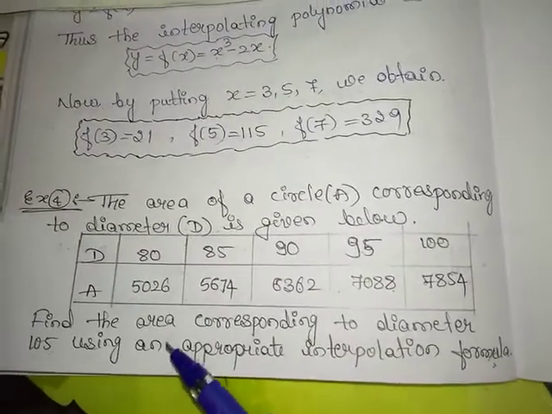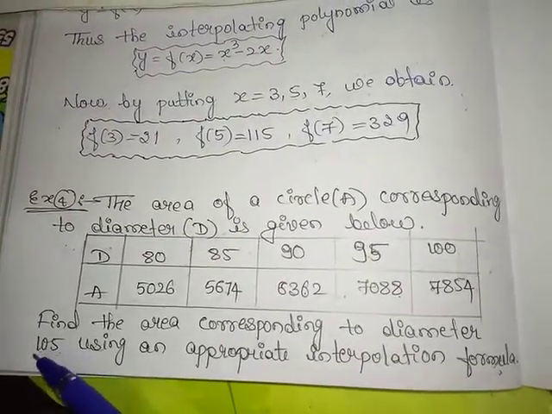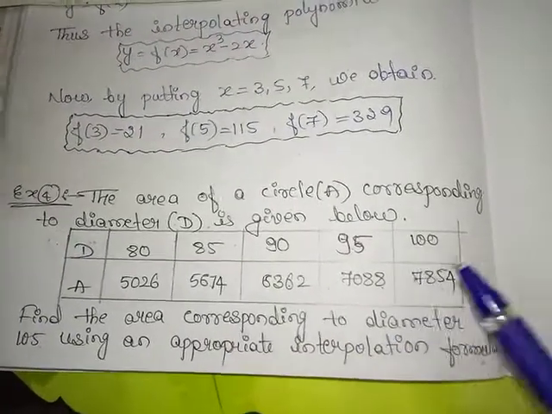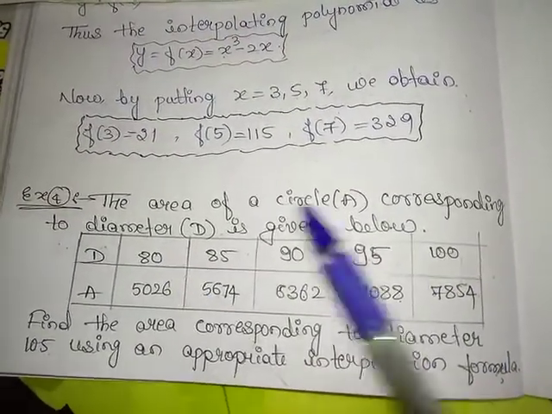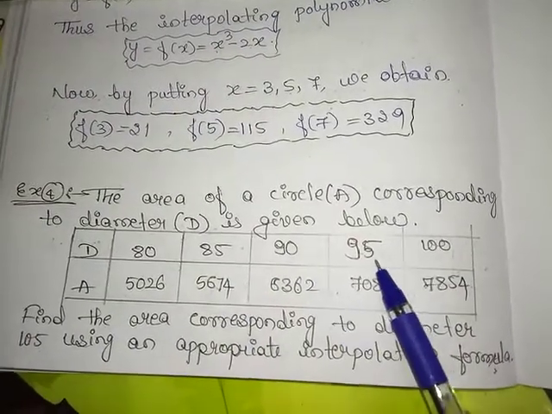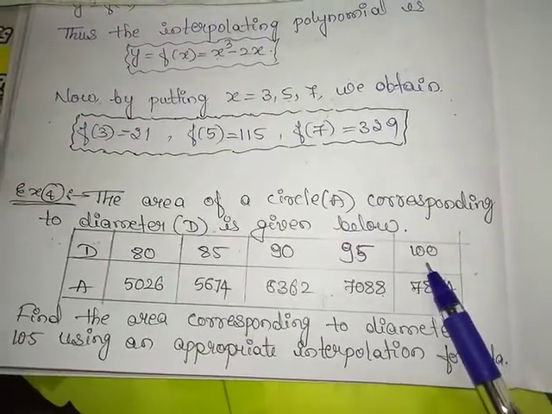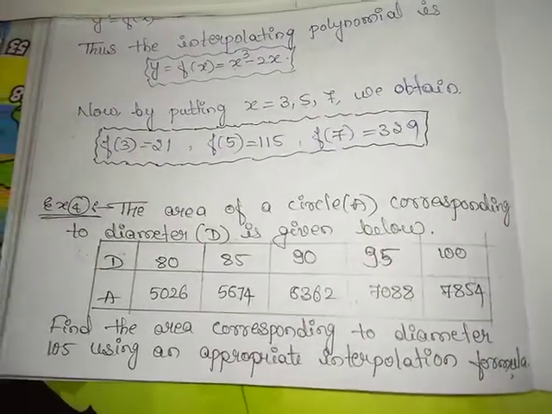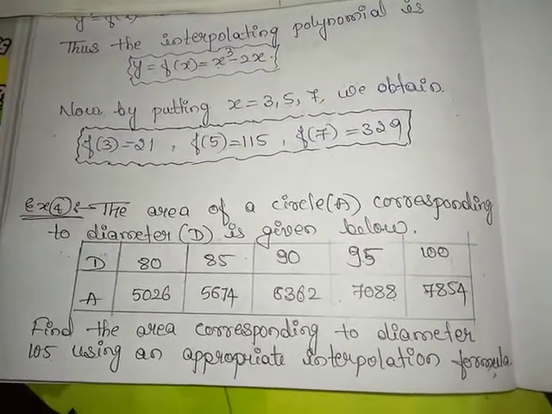See here 105. First observe whether this 105 lies in the second half or first half. 80, 85, 90, 95, 100, 105 lies outside this given table. We know that extrapolation means what?